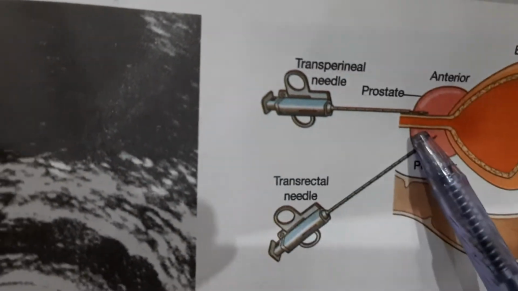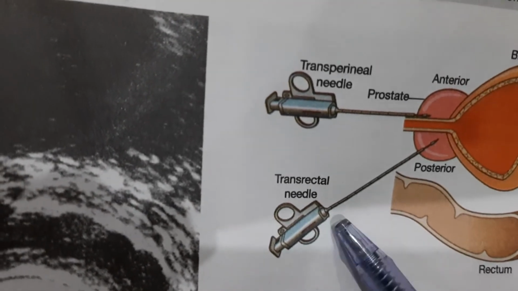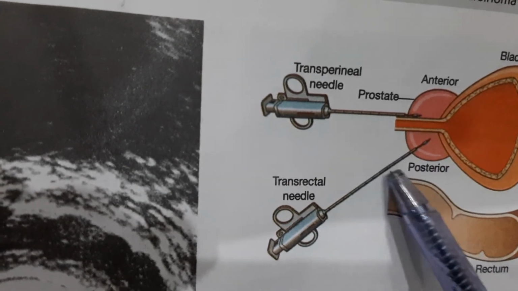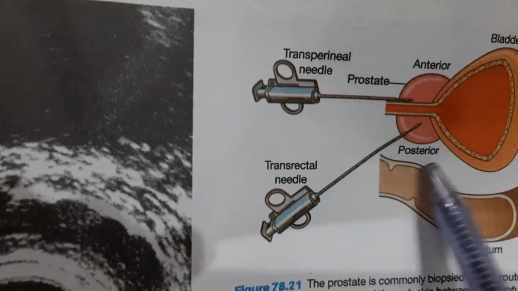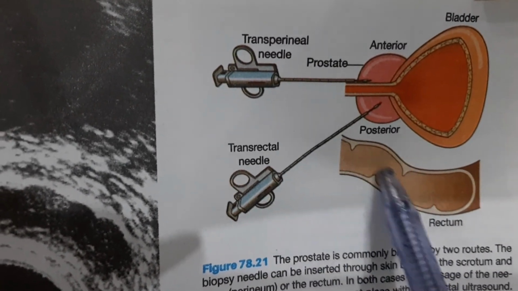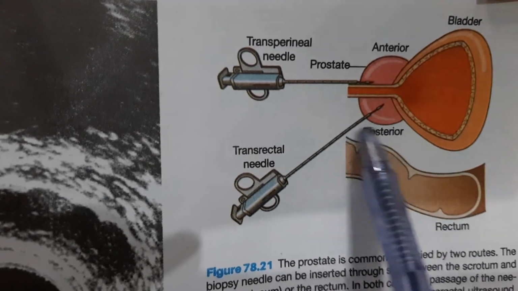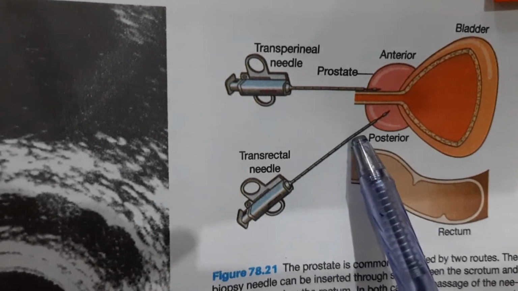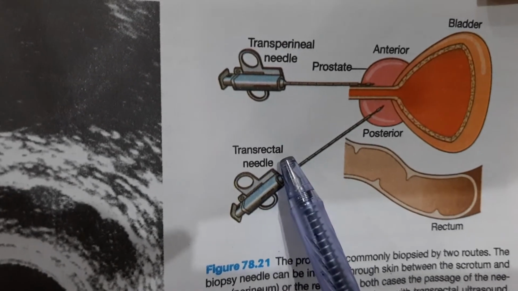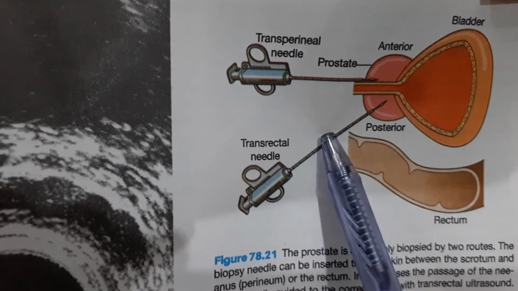True cut needle is mounted on the gun, and through this 12-core needle biopsy is performed, and ultrasonography is done rectally. Here ultrasonography is being performed continuously, and 12-core biopsy is taken from the true cut needle.